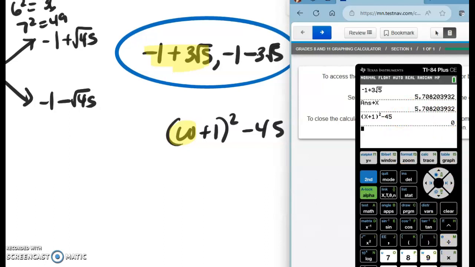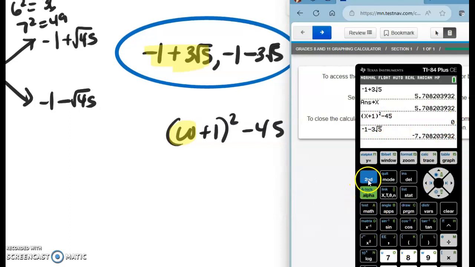Now the next one, let's do it without storing as X. I'll show you the other way. 3 square root 5, the decimal approximation is -7.708. If I use part of the decimal and not the whole number, I'm going to get an approximation, so it'll look close to 0, but it won't be exactly.